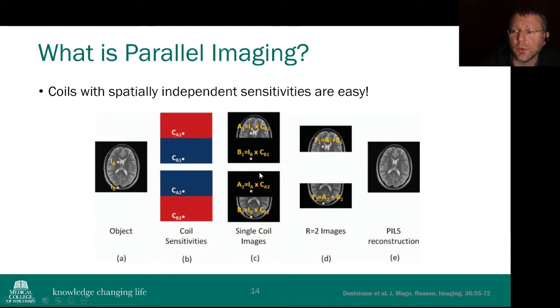So here, with these spatially independent coils, you're assuming that you still have that periodic image, but it's periodic on a smaller scale that you're getting from skipping those lines, going a little faster. But those coils are sensitive such that they're not sensitive to anything that's outside of that area that doesn't get aliased.